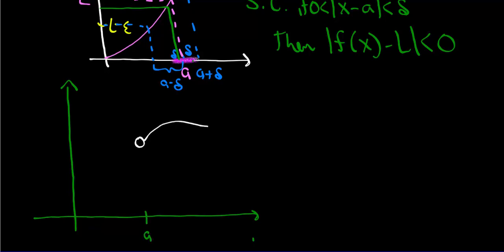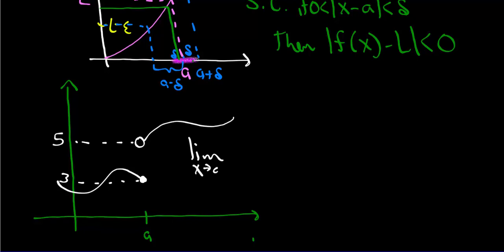Maybe this one right here corresponds to 3, and this one up here corresponds to 5. Remember, we would say the limit as x goes to a from the right is equal to 5, while the limit as x goes to a from the left is 3.